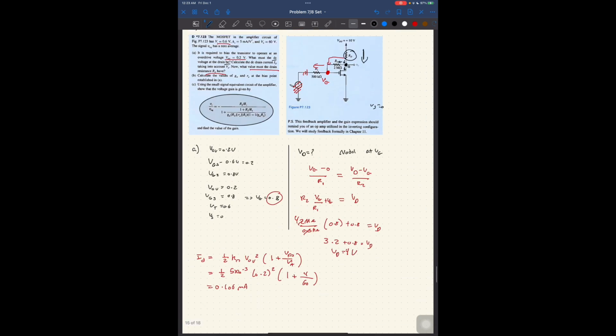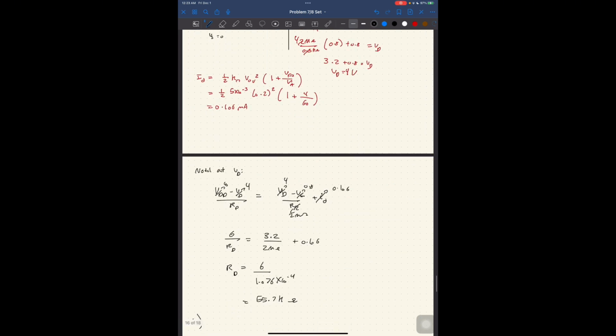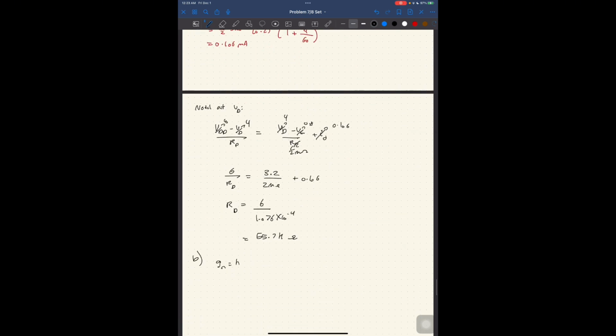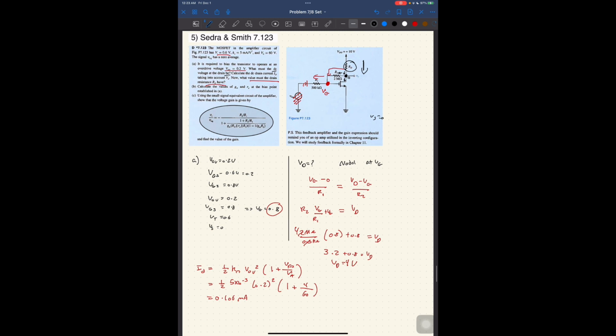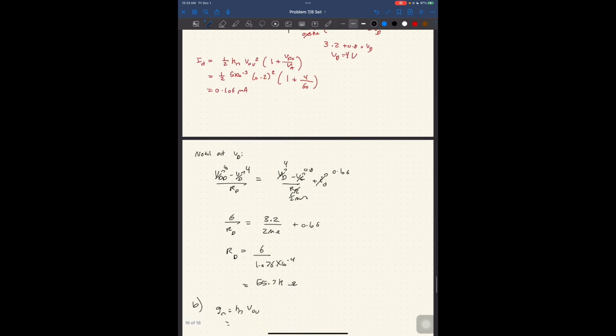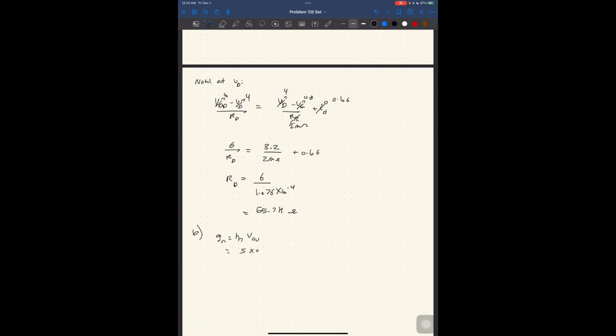Part B, GM, really this is just Kn VOV, which is equal to, we said that Kn is 5 milliamps per volt squared, VOV is 0.2, so 5 times 0.2 times 10 to the negative 3, which is equal to 1 times 10 to the negative 3.